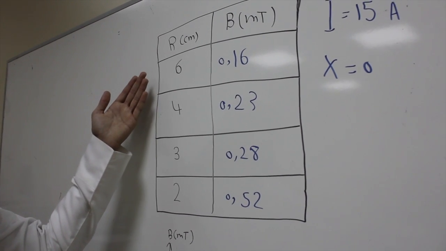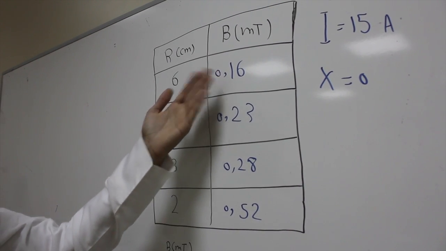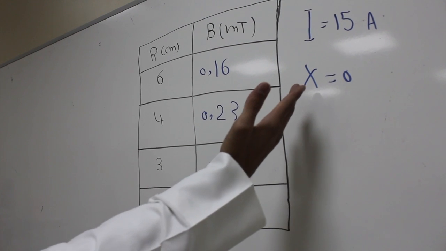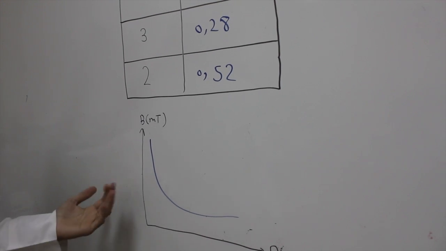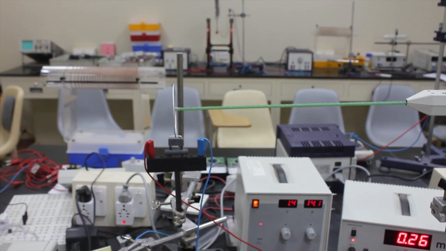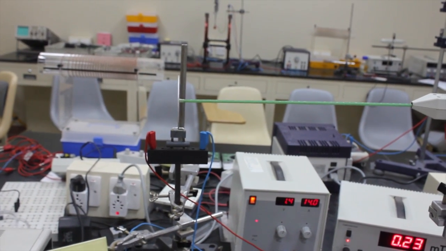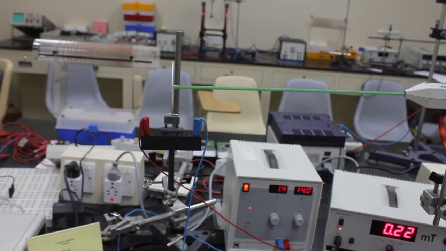This is the table showing the relation between radius and the magnetic field, and we keep the current constant. The relation between B and R is inversely proportional. Now we want to study the relation between the distance from the loop and the magnetic field.